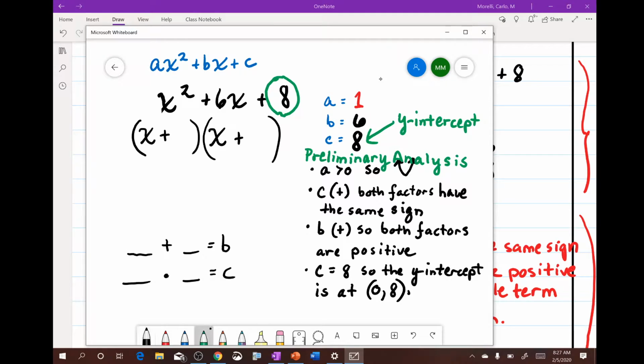So tell me again, what is b? 6, and c is 8. Just think of two numbers that add to equal 6 and multiply to equal 8: 4 and 2. 4 plus 2 is 6, and 4 times 2 is 8. So we put here 4, and here we put 2.